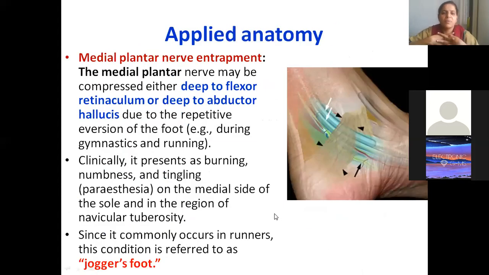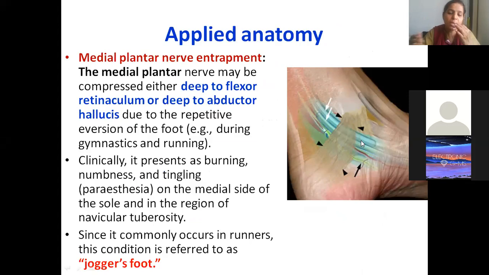So that is finishing the medial plantar nerve. This is our flexor retinaculum. We know this is our tibial nerve where it has started dividing. Suppose it is getting compressed here, if there is any infection, we know all the long tendons are enclosed by synovial sheaths. Yesterday in many classes I told you, long tendons have synovial sheath to prevent friction and give lubrication.